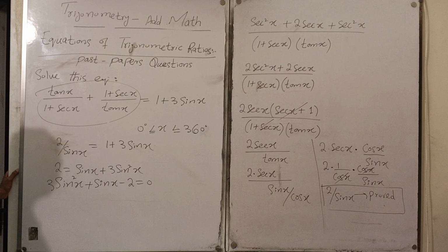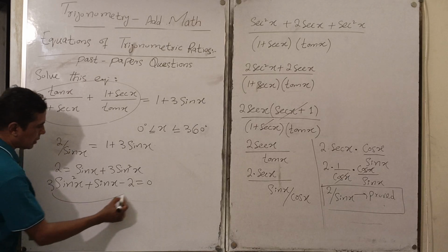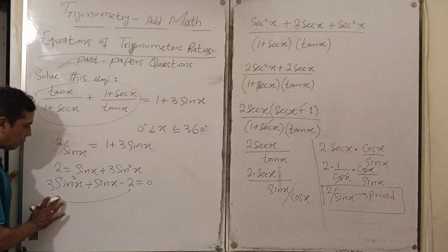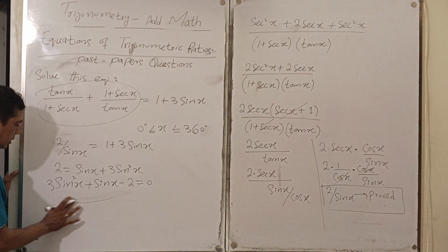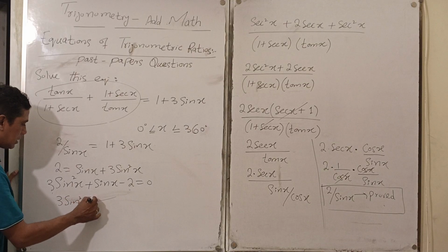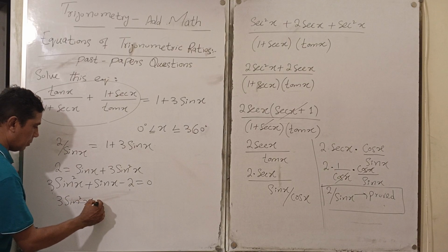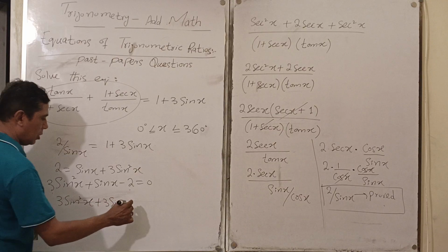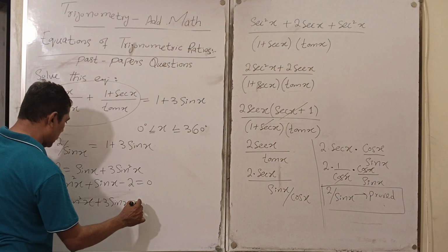ठीक, so you need to factor out this equation. Okay, what is the factor? 3 2s are 6. So I can factor out this equation. So what are the factors? 6 is 3 into 2, so 3 sin square x plus 3 sin x minus 2 sin x minus 2.